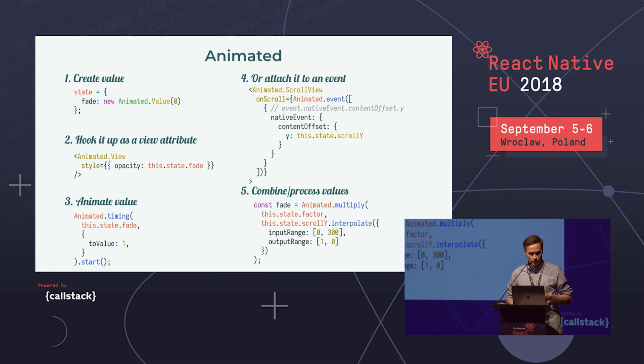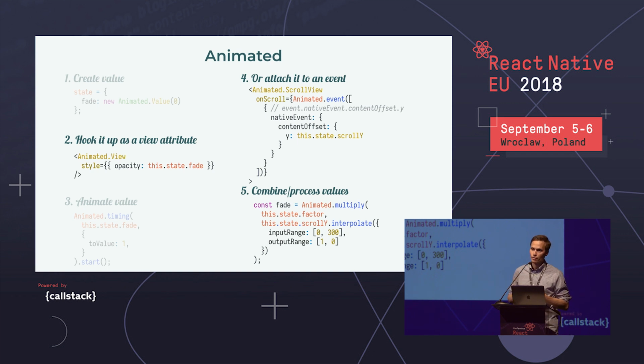We refer to animated as being declarative, and it's because we no longer use request animation frame here, in which we would tell exactly how the view should update in this particular frame. Instead, we have this mapping of the value to view property, and then we can tell how this value should update over time.